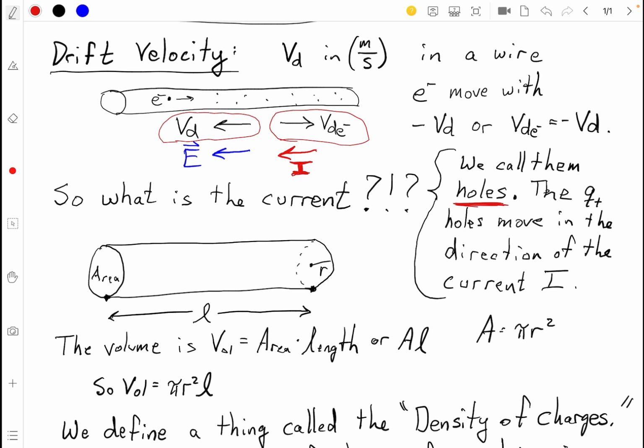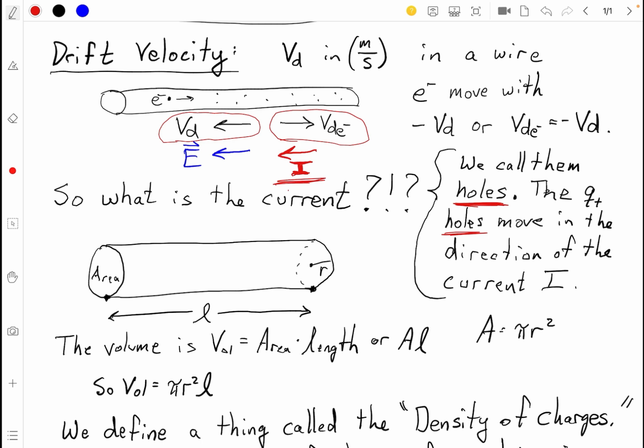So it's going at exactly the same speed, the drift velocity, but it's moving in the opposite direction. We call those holes, and they're moving in the direction of the current.